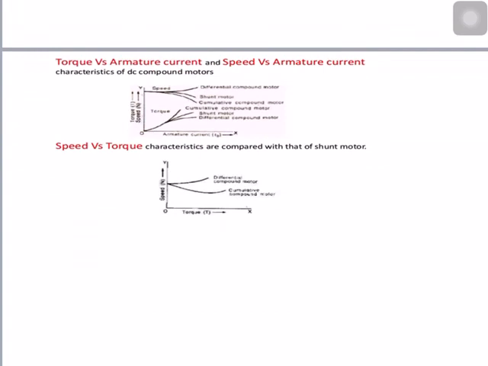Here we can observe torque versus armature current, speed versus armature current, and finally speed versus torque characteristics.